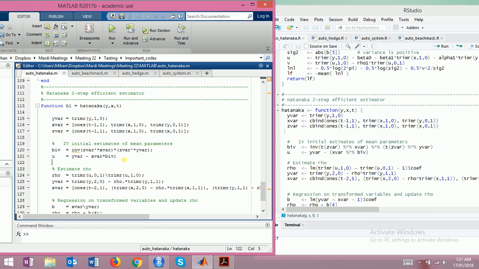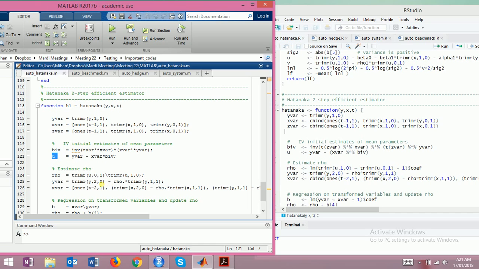Okay, so z transpose y divided by z transpose x, very simple. Okay, and u is y minus beta IV x. So you have your estimated residual.